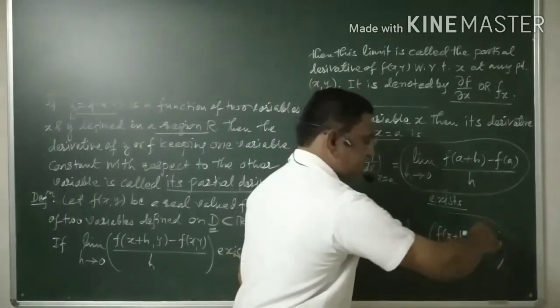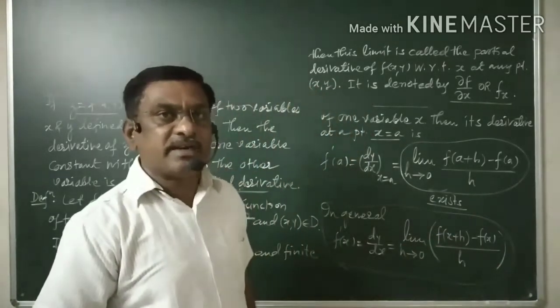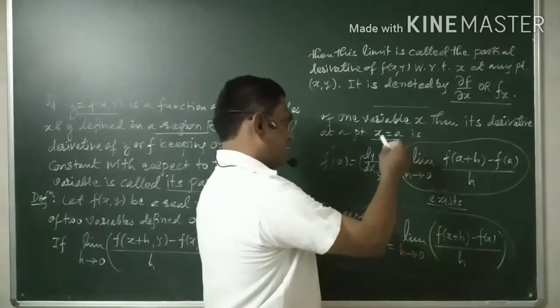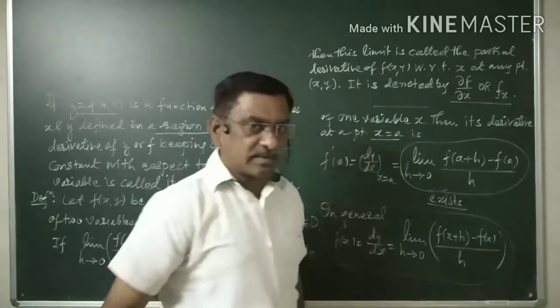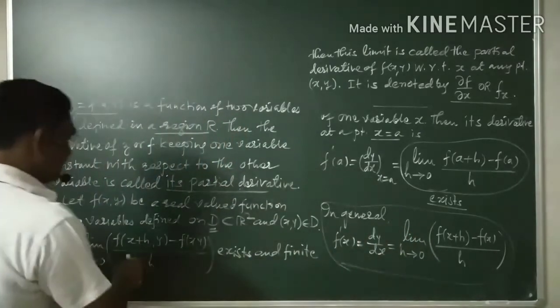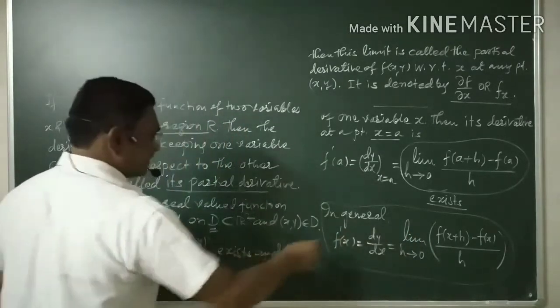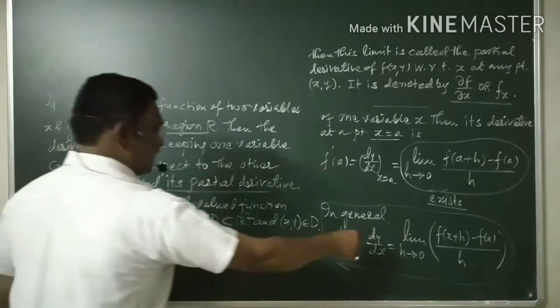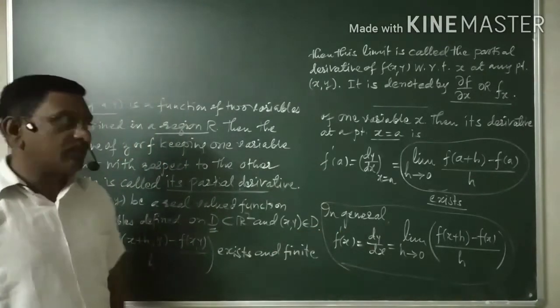If this limit exists, then we call it the derivative of the given function y is equal to f of x. Similarly for a function of two variables. Now if you compare this definition and this one, you will find that these two definitions are likely to be the same.